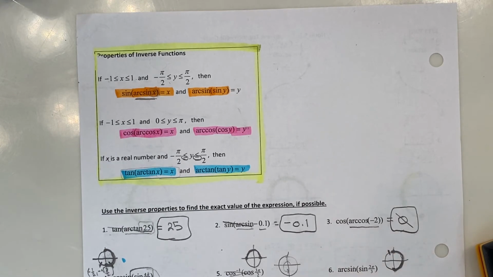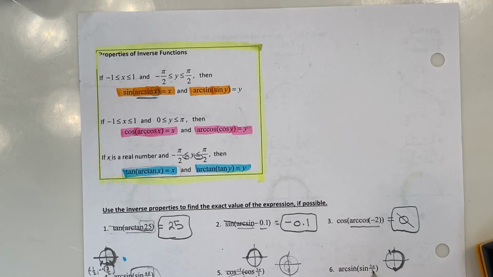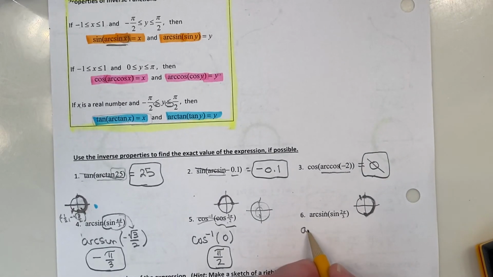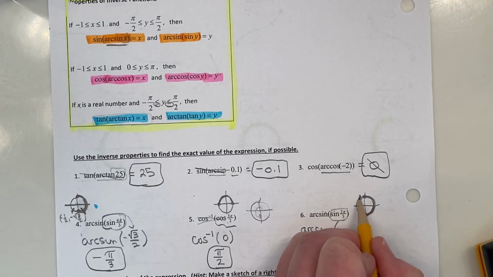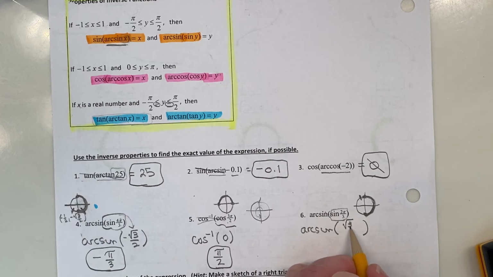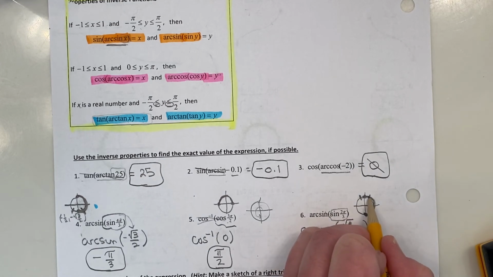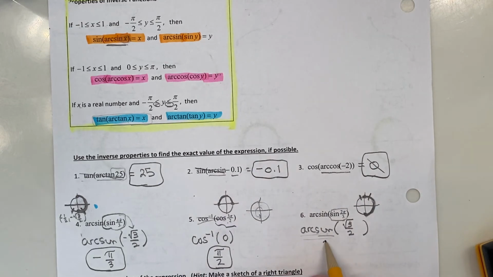Okay, so we have to actually work this problem out. My answer will not be 2 pi over 3. So arc sine, what is the sine of 2 pi over 3? Well, the y coordinate is square root of 3 over 2. We have a new problem that we can now look at on our restricted inverse sine graph. What angle has a y coordinate of square root of 3 over 2? Well, that would be this angle up here. What is that angle? That angle is pi over 3.